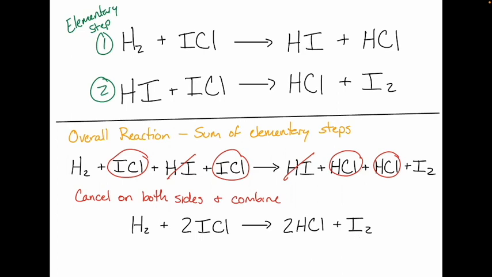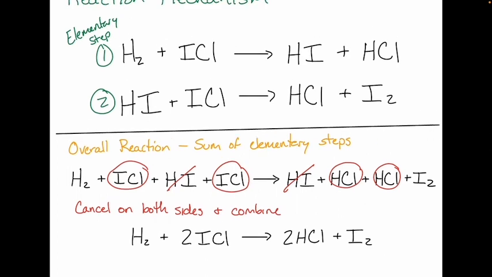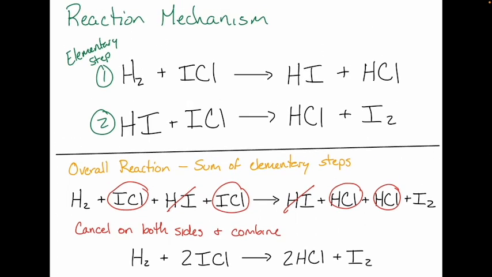So the other thing that this big brain scientist told us when he figured out the reaction mechanism for this reaction is that this very first step in the mechanism is a slow step. That very first elementary step is really, really slow, and then the second step happens really quickly. Again, not something you would know just by looking at it. That would be part of your reaction mechanism, the relative speed of each step.